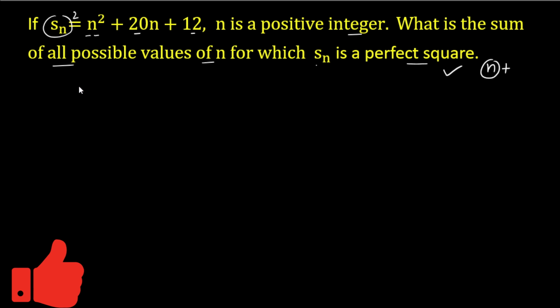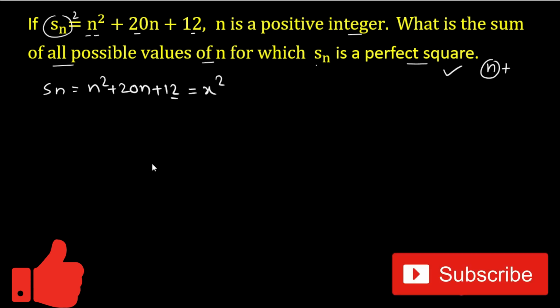Now let's come to the solution of this problem. So here we have Sn is equal to n square plus 20n plus 12. Since it is a perfect square, let us take this as x square. Now for making this a perfect square, we take a square and 20n as 2 times ab, and the number value should also be a perfect square, b square.